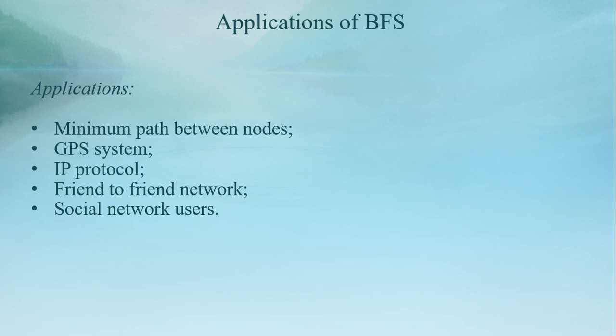Friend-to-friend networks. This is a method in which we have described the minimum path of the nodes. There are, of course, more advanced algorithms that we're not talking about here, but we will be talking about them later in another episode. In social networks, it's of course a very interesting application. Every user is a node that has many connections given by edges.